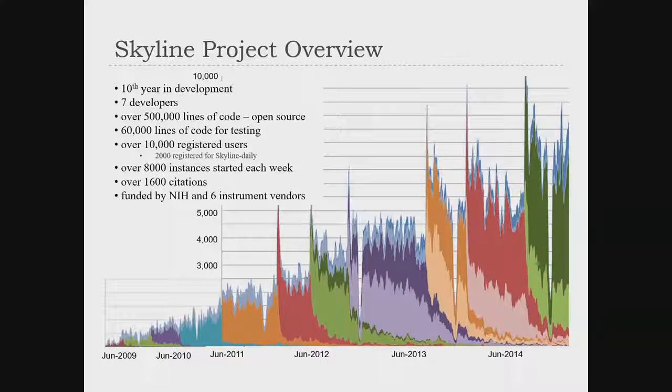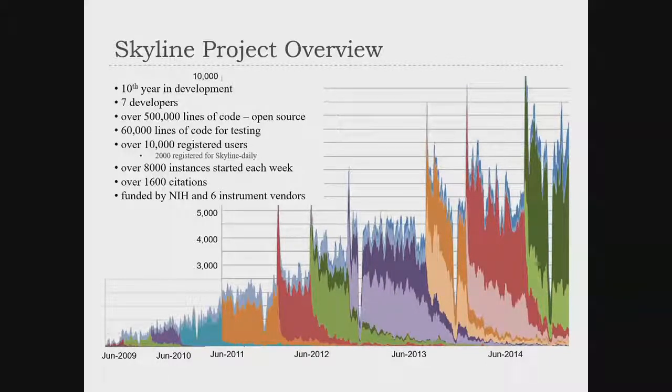There's over 10,000 registered users, so over 10,000 people could get an email when we blast, and they don't tell us to take them off our email list. So that's some achievement. And then 2,000 users are registered for Skyline Daily. So Skyline has 2 releases. Daily is updated more like weekly or every few weeks.